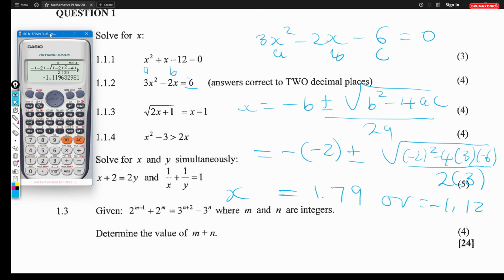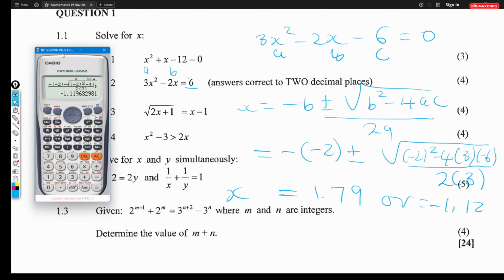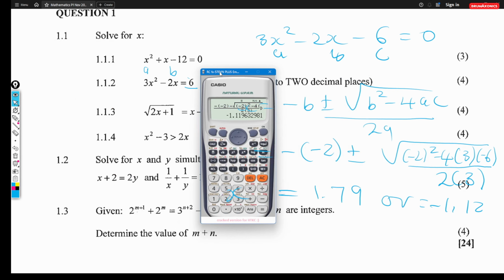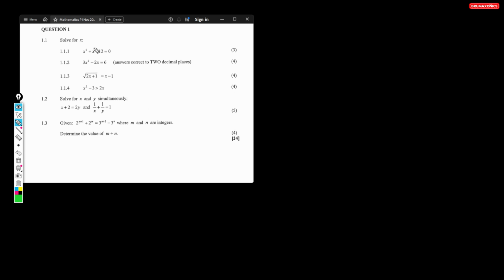So that's how we can deal with this one. It's very simple, you don't have to panic, and that's how you can solve it. So now we are moving to 1.1.3. 1.1.3 will definitely be the square root of 2x plus 1, which is equal to x minus 1.